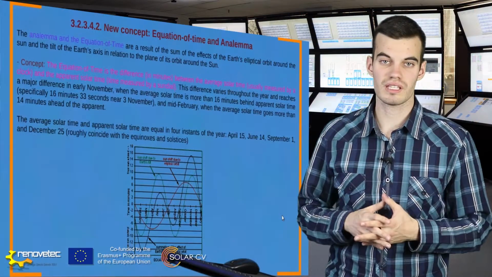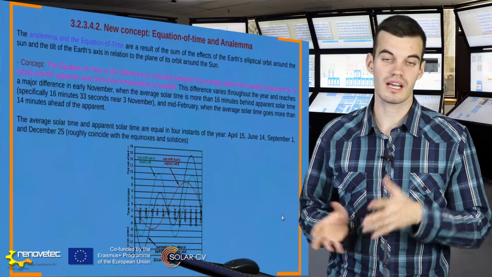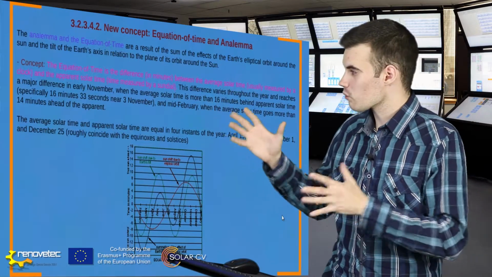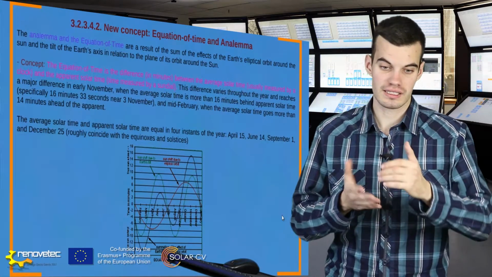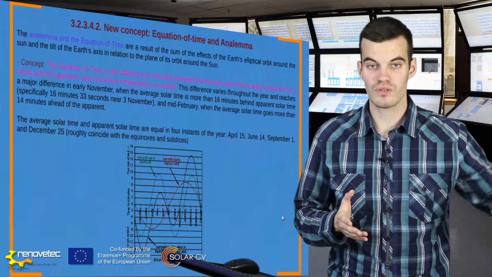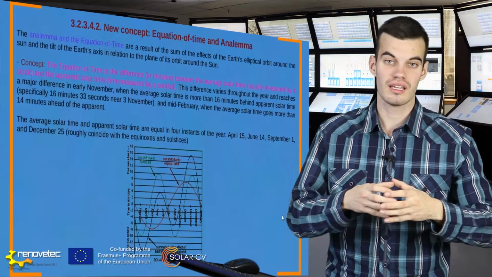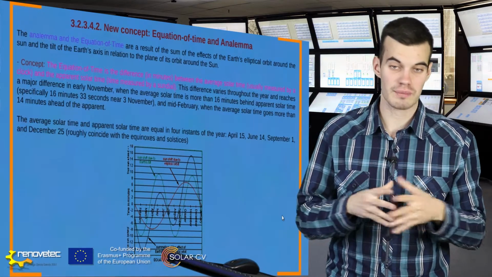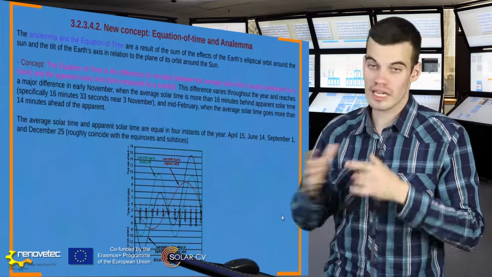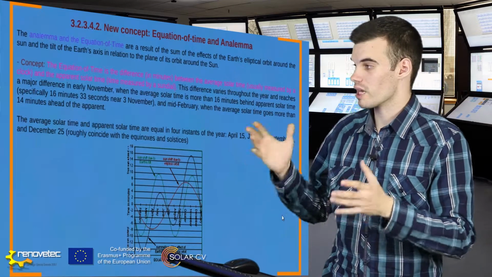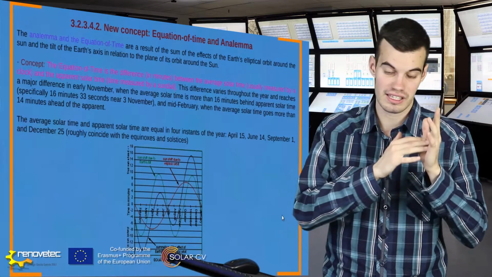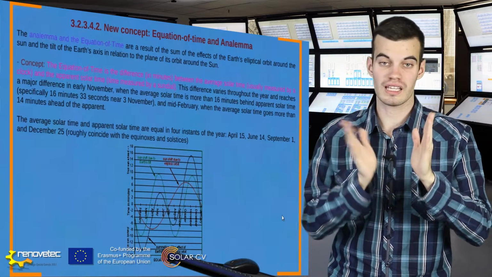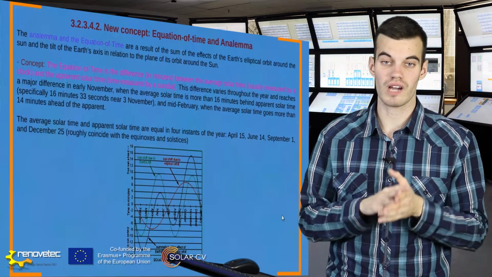To finish this unit, we must understand two concepts, the analemma and the equation of time. The orbit of the Earth around the sun is not a circle but an ellipse, that is an elliptical orbit. And the Earth's axis has an angle with respect to this plane of 23.5 degrees.